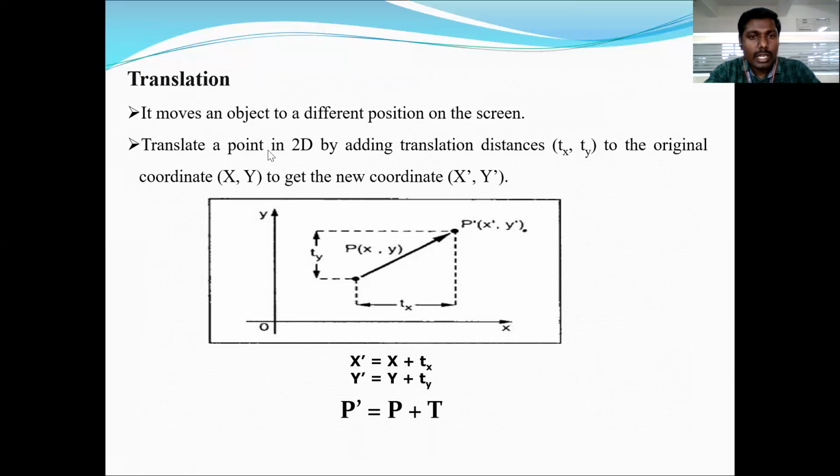For that we are applying translation distances Tx and Ty. If you want to move an object from one position to another position, you need the translation distances. The final expression we get is P dash equal to P plus T.